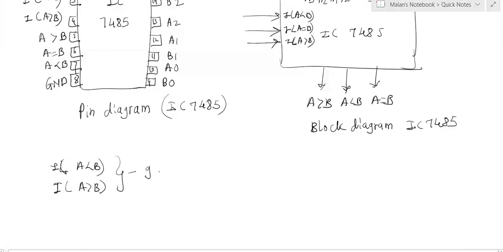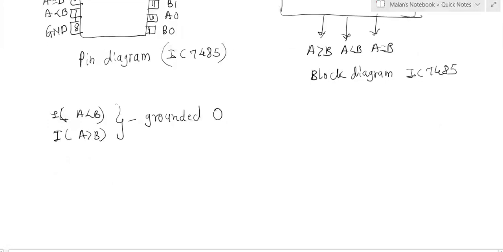Grounded means they are connected to 0. The cascading input A equal to B is connected to VCC, that is, to the logic 1 power supply. And the cascading inputs are used to expand the ICs.